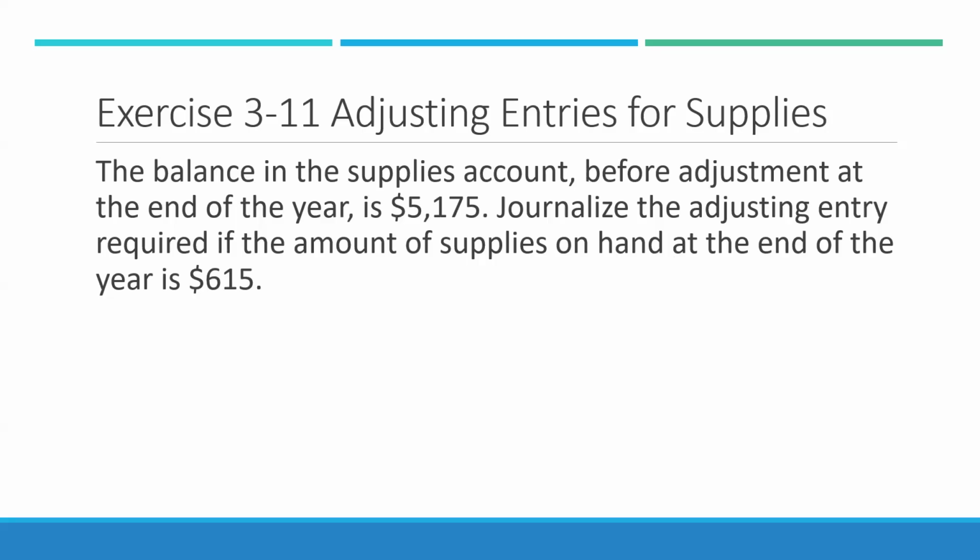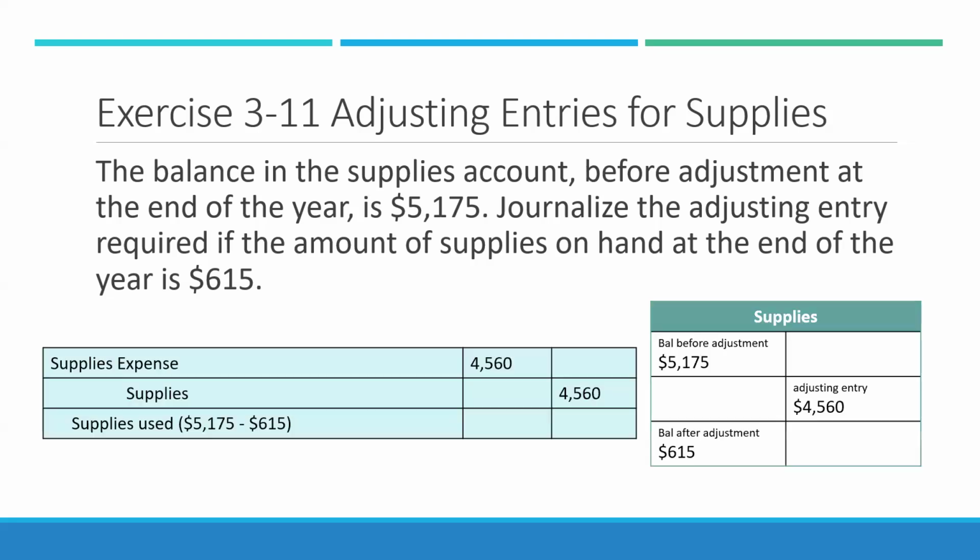That difference goes to where? Supplies expense, and we credit or reduce our supplies. How much? $4,560? Because we want $615 to be our balance, right?